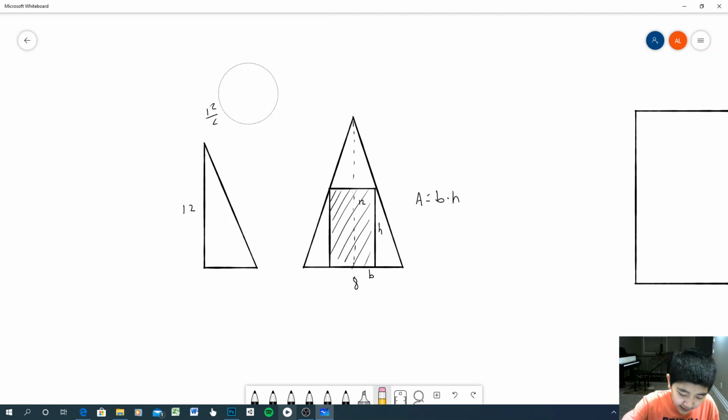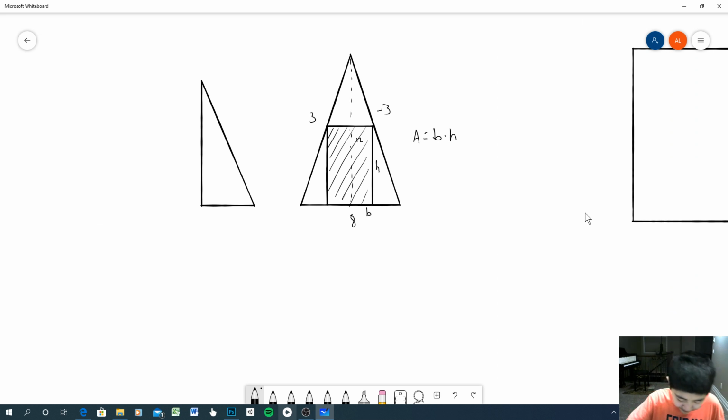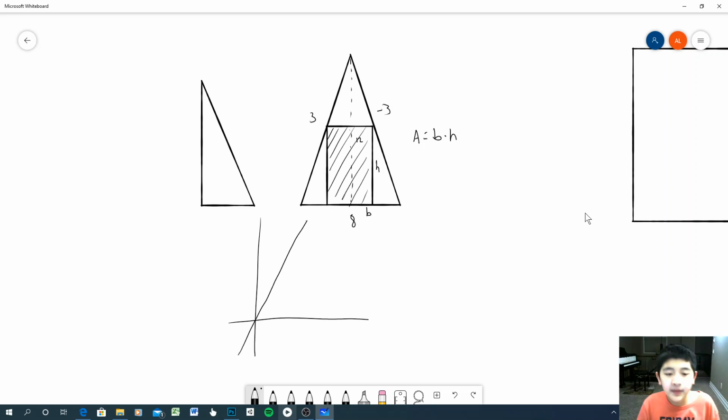So with the slope of negative 3, or 3, then we can express h as a function of b. For example, if we put one of these side lengths on a graph, where this axis is the base, something like x, and this would be height, then how would we get height?